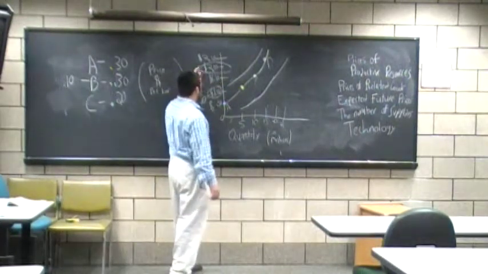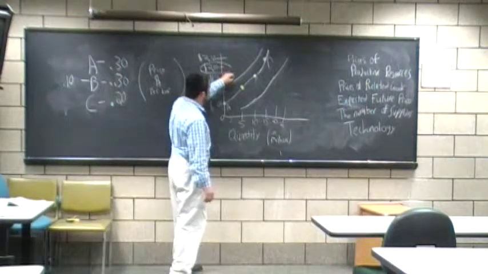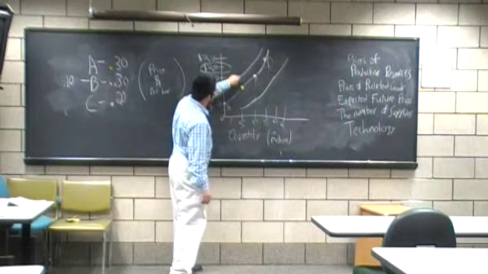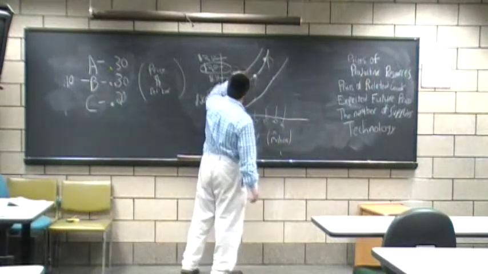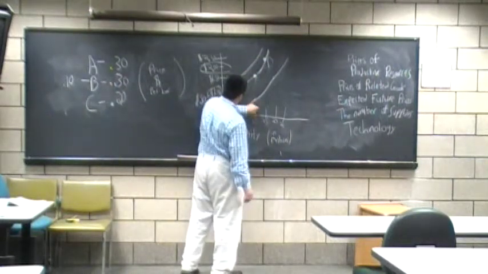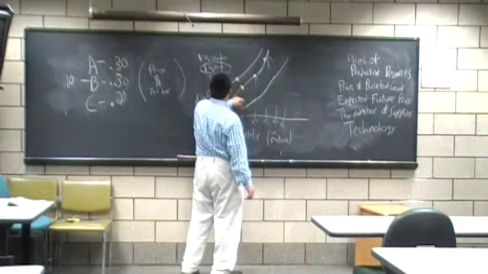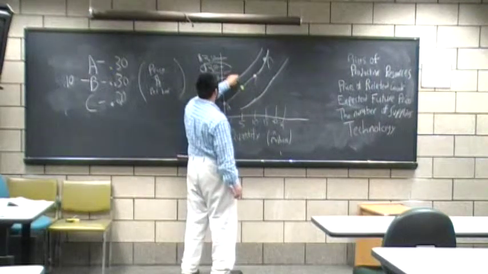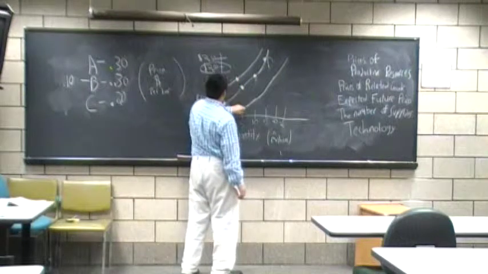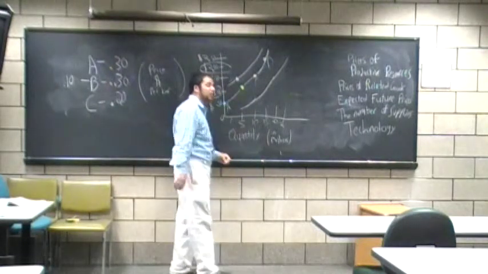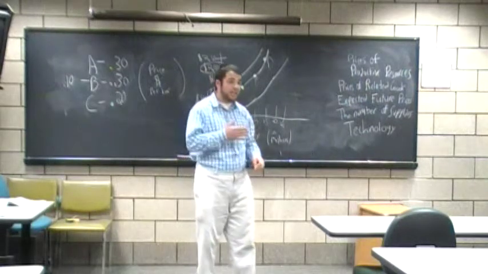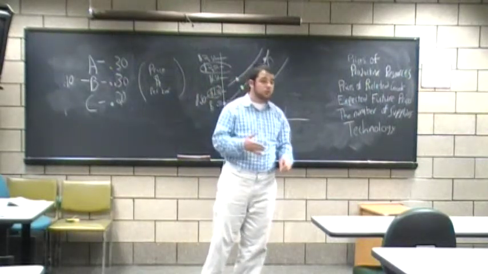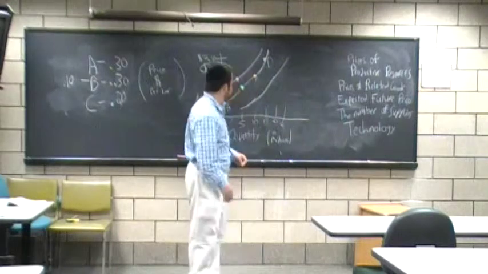When the supply curve shifts leftwards, originally at $1.50 Snickers was willing to produce 10 million Snickers bars. Now when it goes leftwards, they are only willing to produce 5 million. That means left is bad. If the supply curve shifts leftwards, they're willing to produce less at the same price.